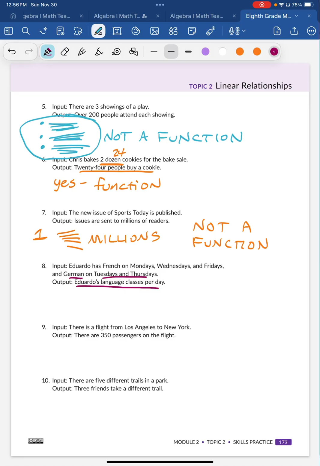No, because he's got French on Monday, German on Tuesday, French on Wednesday, German on Thursday, French on Friday. So every language is just on one day. Even though French is 3 times and German is 2 times, it is a function.